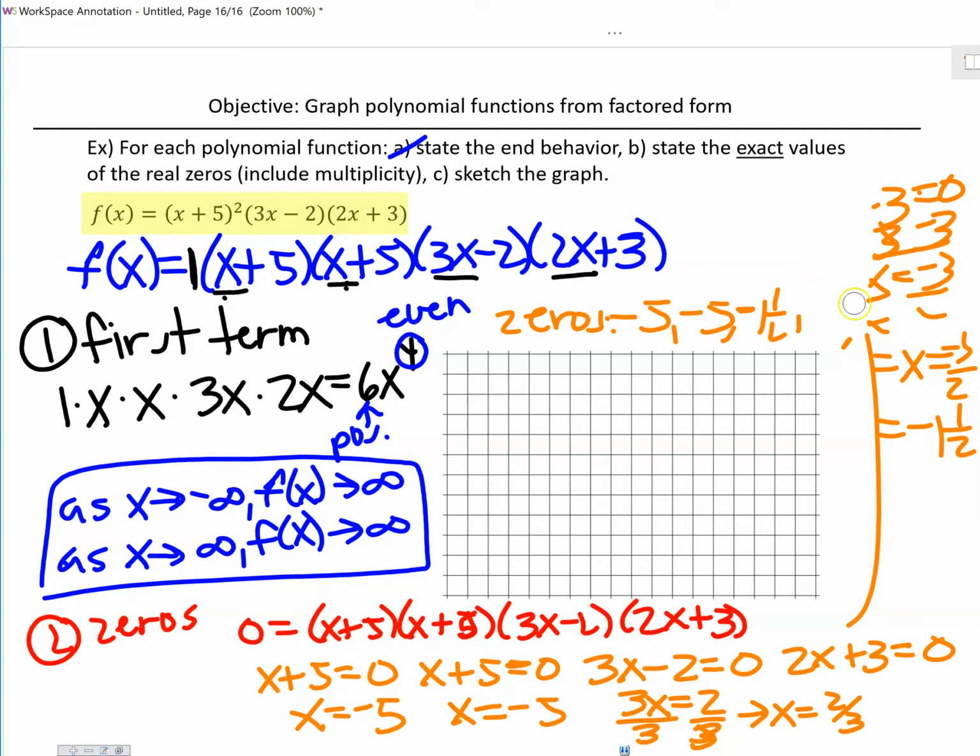Kind of need some space here, so. All right. So now what I'm looking at is creating my graph. So I need to draw my axes and make sure I can graph all of those on my x-axis.